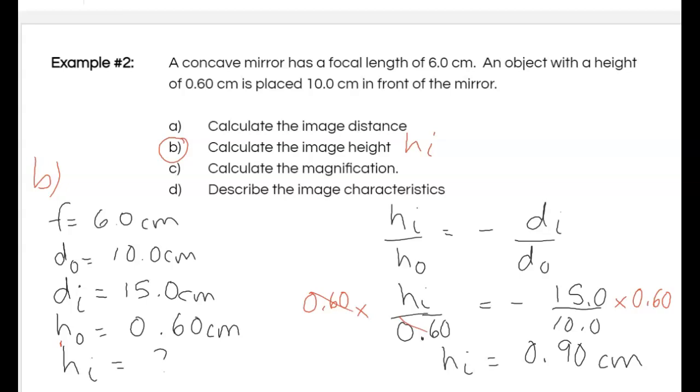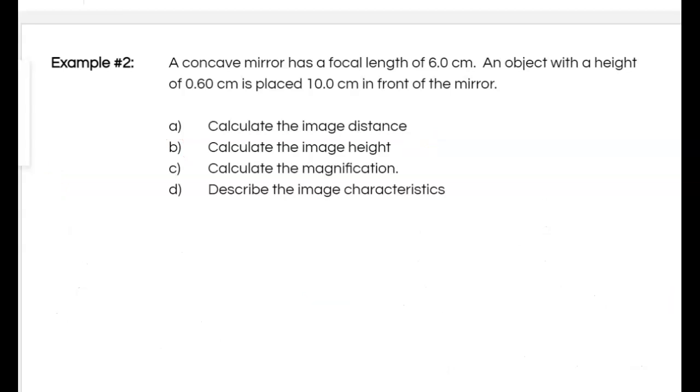We're going to put all of these pieces together in the next two bits, where we have to calculate the magnification and describe the image characteristics. Hopefully you did okay with those two first components. Right now I want to address part C of this question, which is to calculate the magnification. What we didn't really talk about outright is what magnification is. Magnification is really just how big the image is compared to the object.